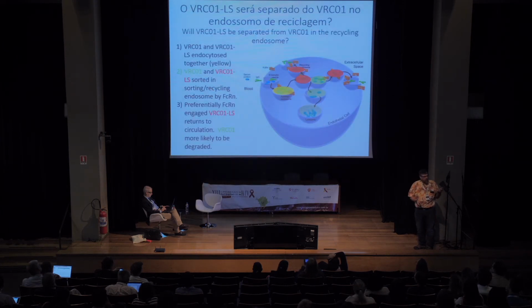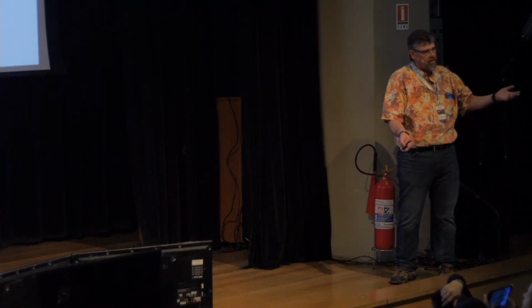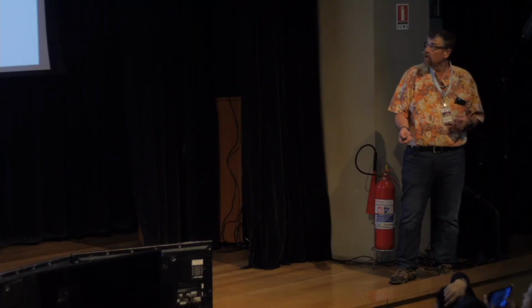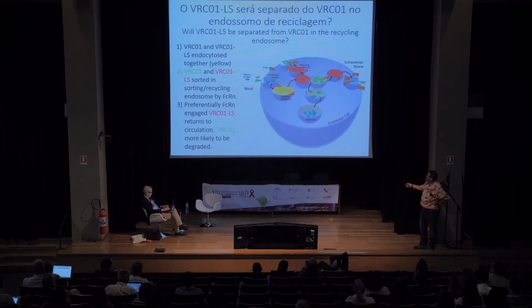And so we wondered if we might be able to see this segregation in some of our tissues. So in this experiment, VRC01 is going to be green, and VRC01-LS is going to be red. And so the idea is they will come in together and be yellow, and then through recycling endosomes, the LS would be salvaged and sent back out, or importantly, transferred into the tissue on the other side.